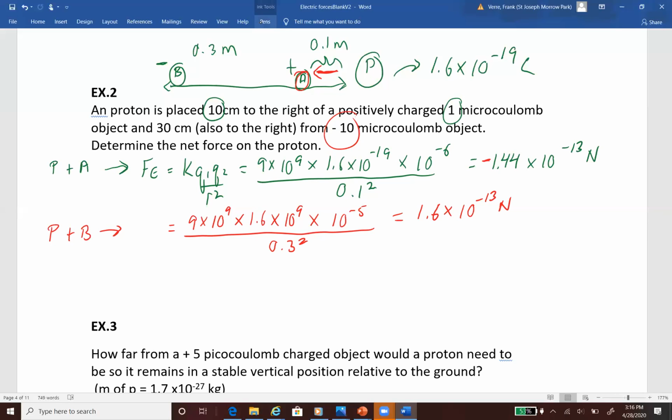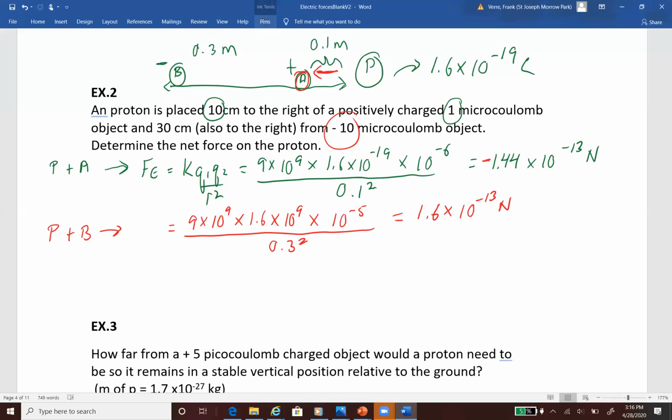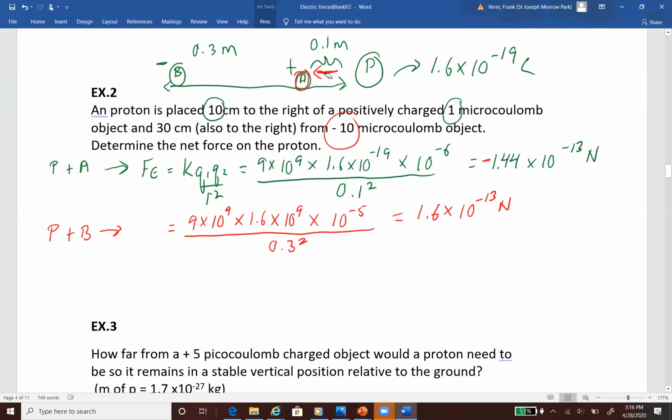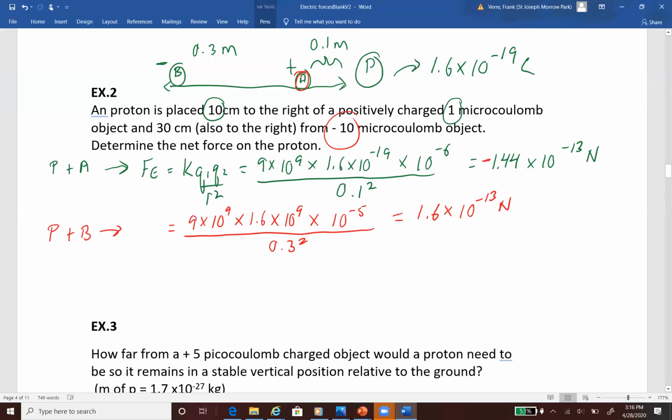I thought A was negatively charged. So other way around. Sorry. So object A is going to push. It's positively charged, not negatively charged. So object A is going to want to move the proton away. So we'll say right is positive then. Okay. Object B is going to want to move the proton towards it. So we'll make that one negative.